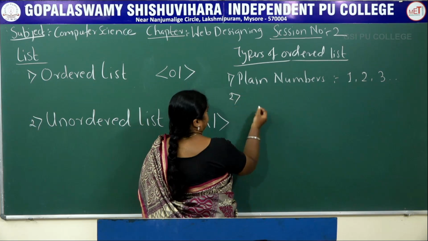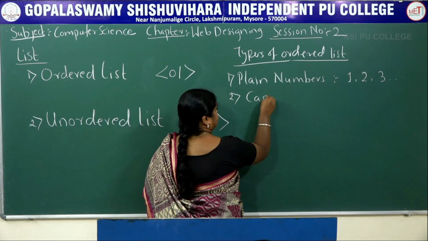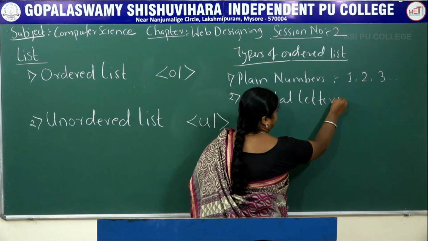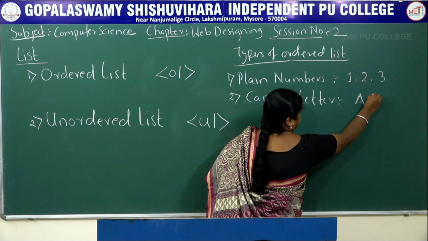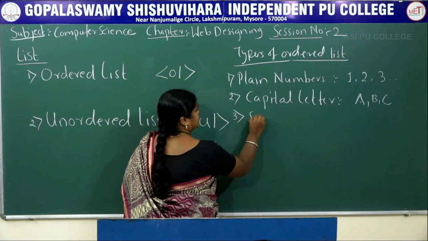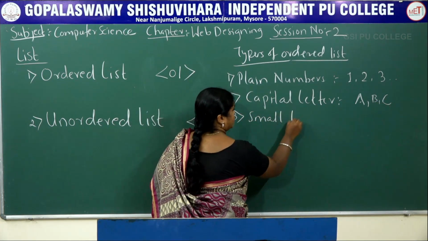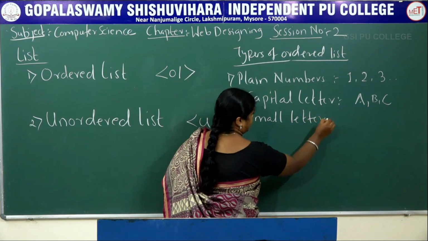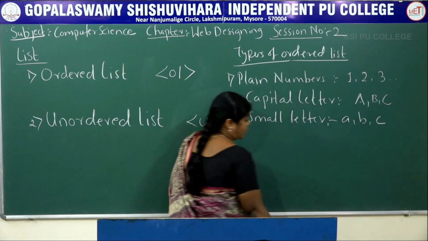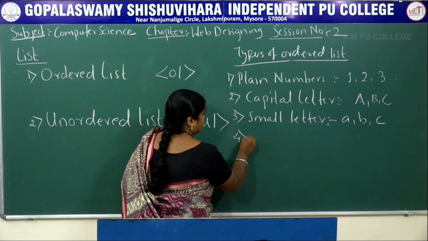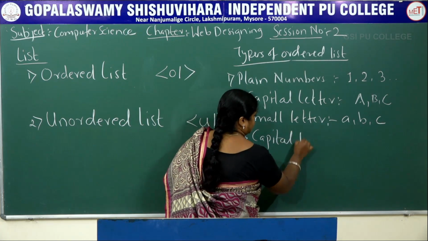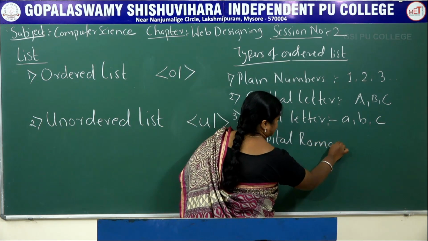The next one is capital letters. For capital letters, it will be in form of alphabets. The third one is small letters. In case of small letters, it will be in smaller alphabets. Next one is capital Roman numbers.